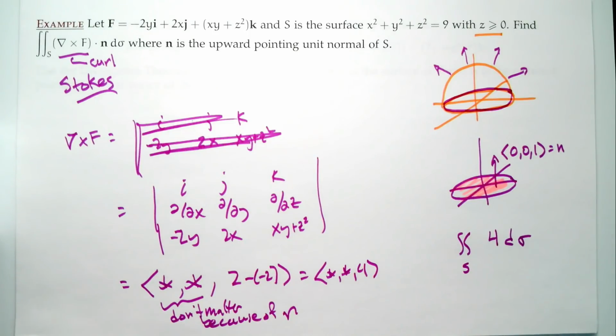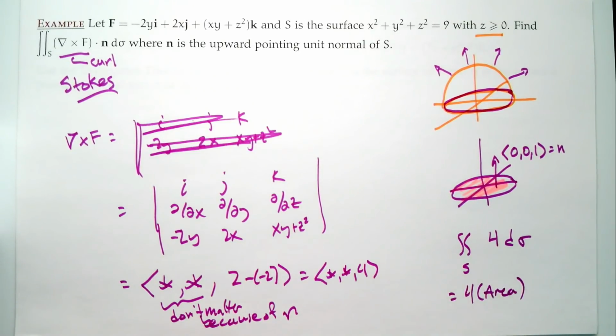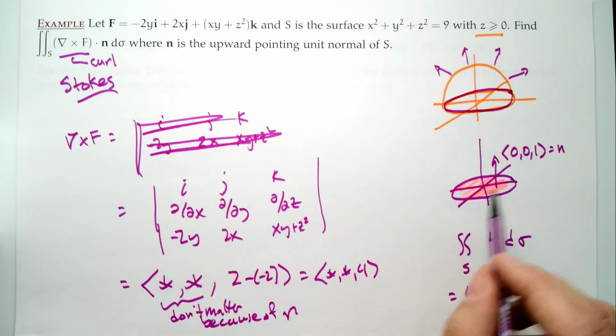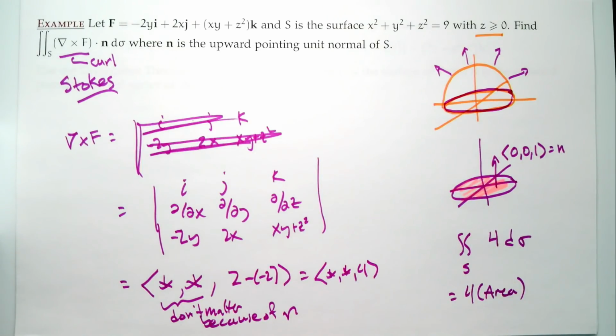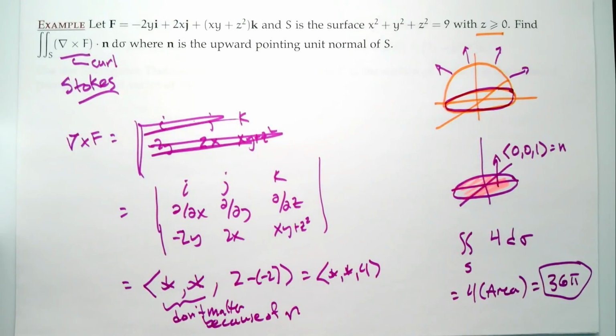Oh, okay, well that's not so bad. 4 times the area. What is the area? Well, what is the disk? How big is this disk? Radius 3. Pi r squared means it's 9 pi, which gives us 36 pi. So that's not so bad.